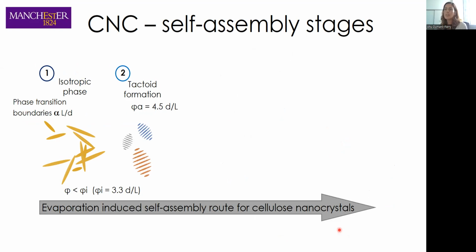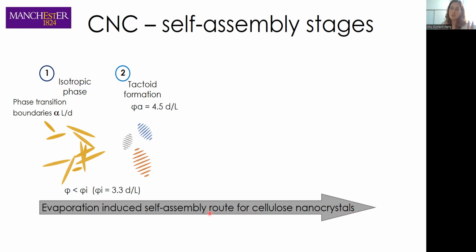It looks very simple, but there is a lot of complexity built into it, because we define the stages of the self-assembly, but at the same time, these stages are not isolated as we think.